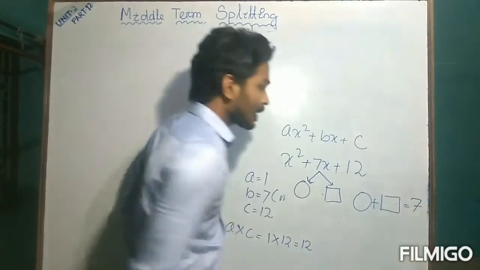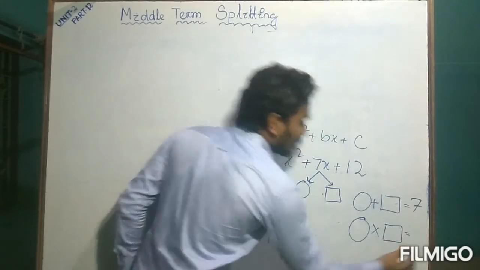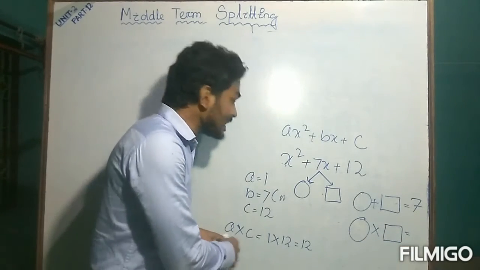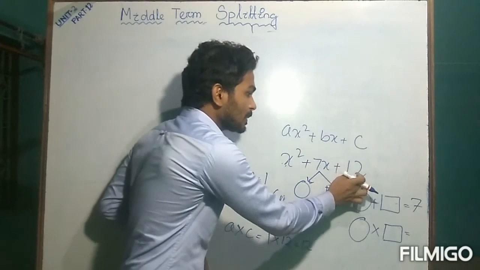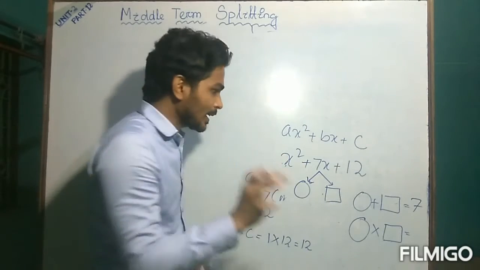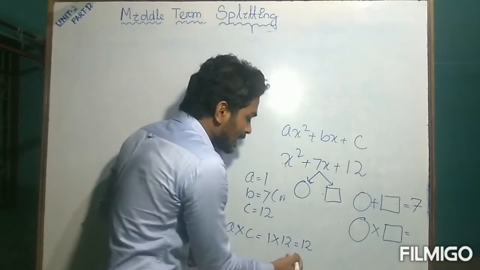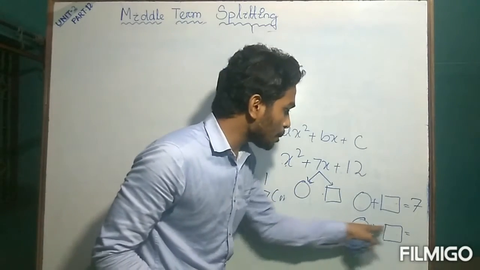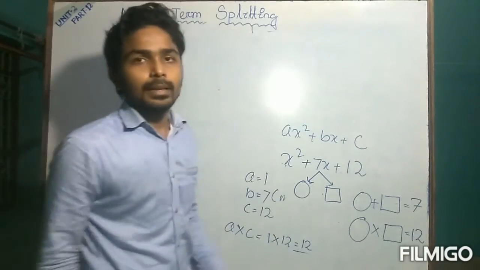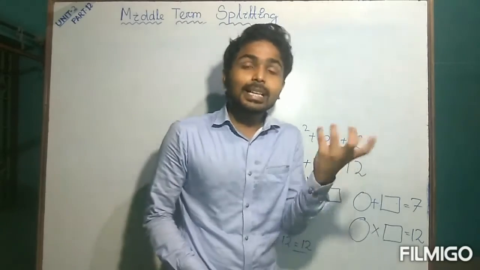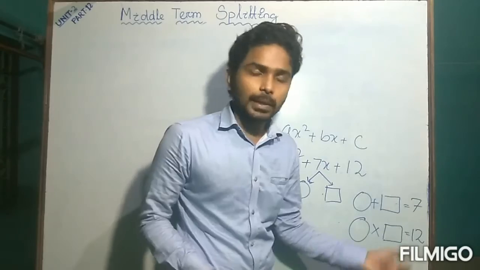And whenever these two are multiplied, then they will give AC, the multiplication of the coefficient of x square and the coefficient of the constant. Clear? This is 1, the coefficient of x square, this is 12, so 1 into 12 is 12. So whenever these two parts or two numbers are multiplied, they should give 12. So think of a pair that will give 7 as addition and 12 as multiplication.